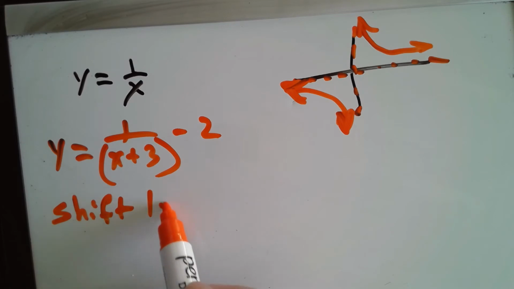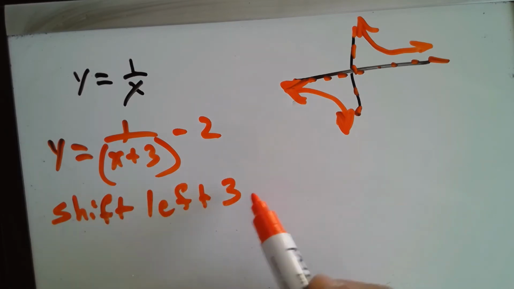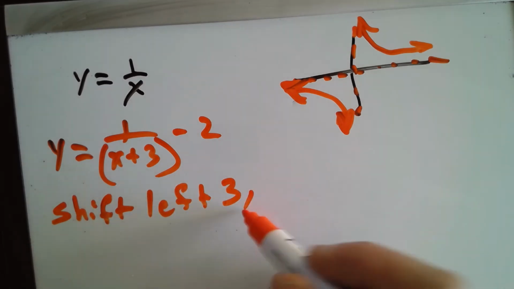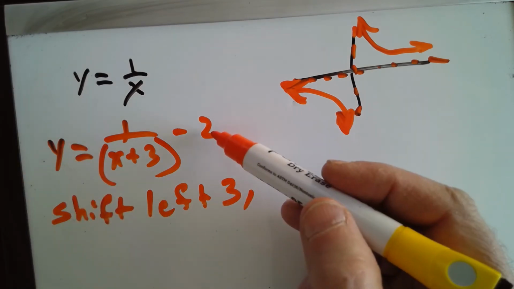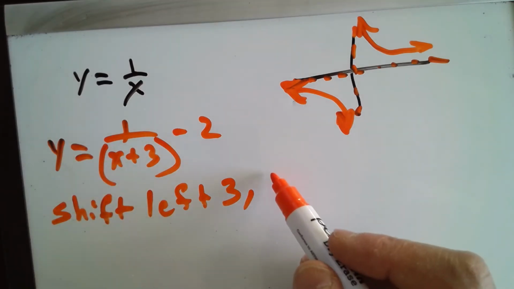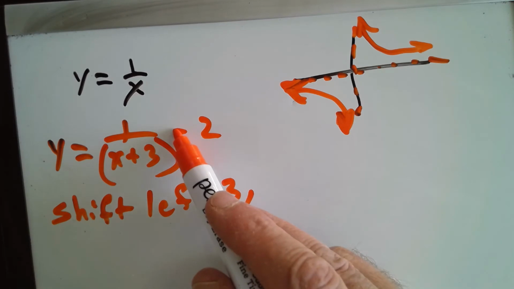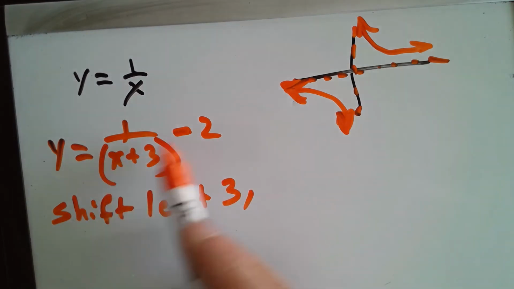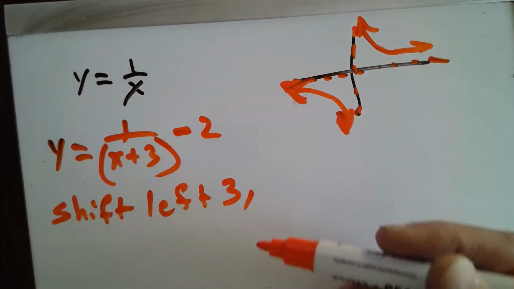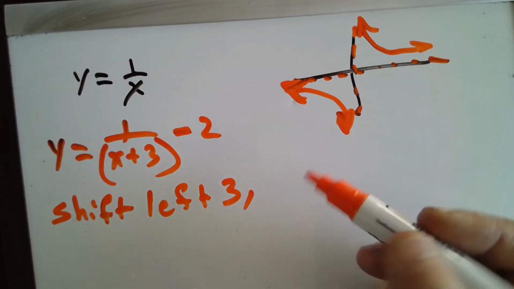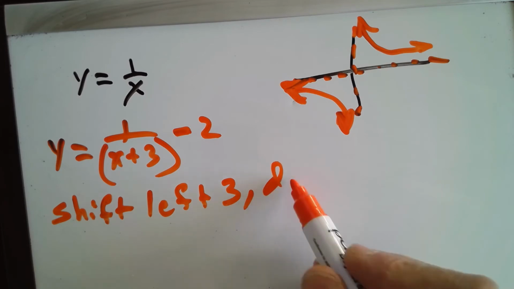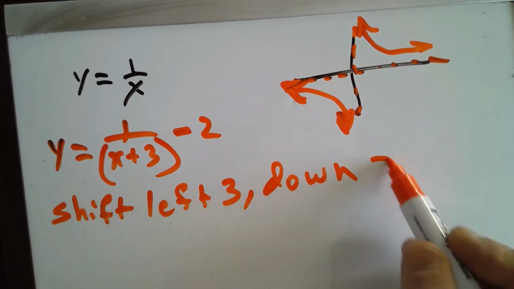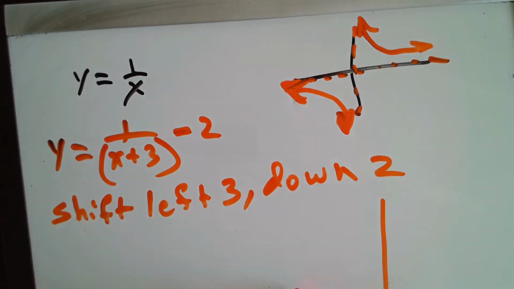Shift left 3. And I would write that down. And the 2, that's going to make it shift which way? If it's inside the parentheses, it's going to shift right or left. If it's outside of the parentheses, it's going to shift up or down. Down, yes. And down 2.